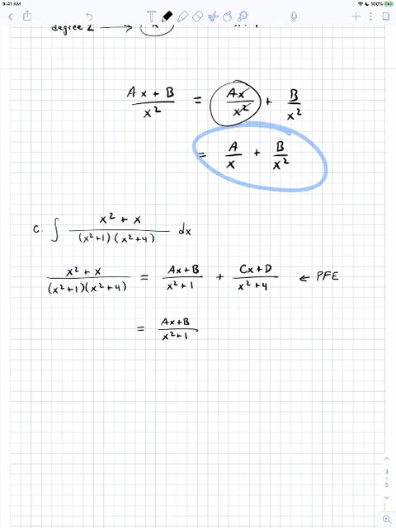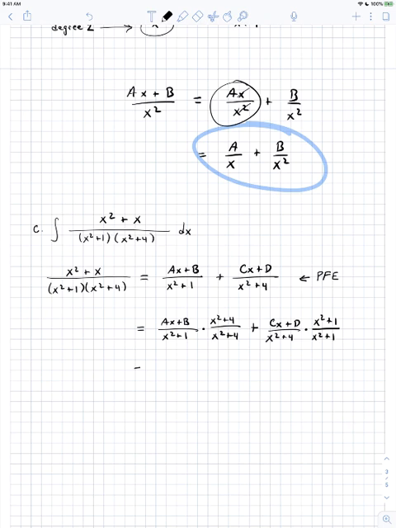It has an x squared plus 1. What it needs is an x squared plus 4. So you put it in the denominator but also in the numerator, because really you're multiplying by 1. Then we have cx plus d over x squared plus 4, and this one needs an x squared plus 1, but you need it in the numerator as well.